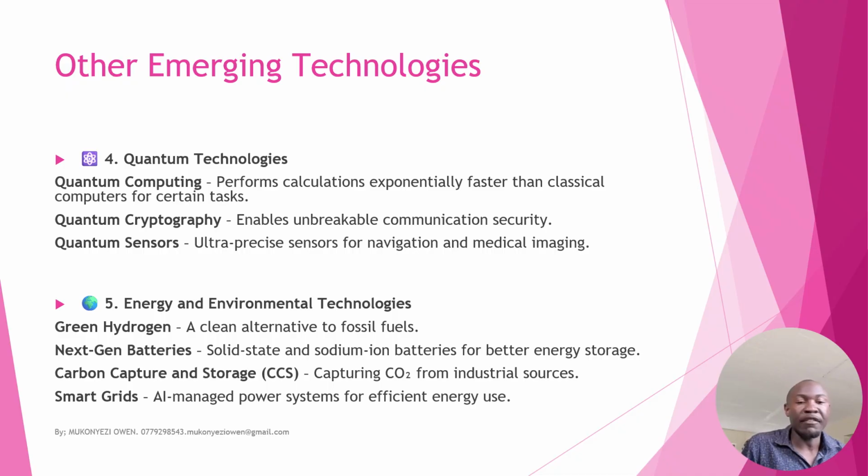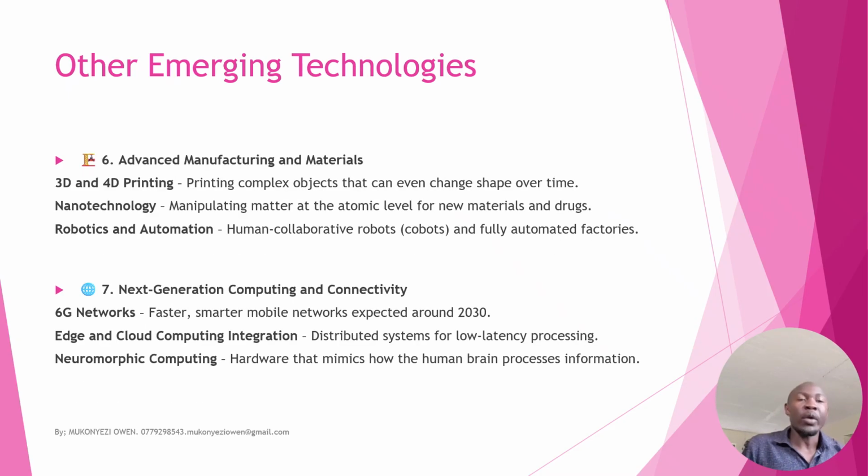We have energy and environmental technologies like green hydrogen, next-gen batteries, carbon capture and storage, the CCS, the smart grids that manage power systems for efficient energy use. We have advanced manufacturing and materials.